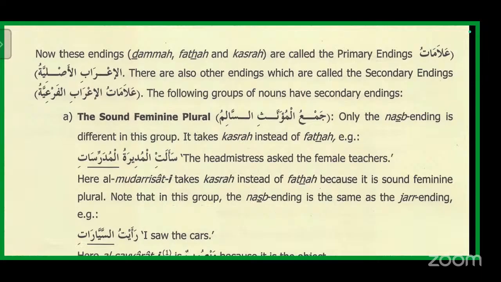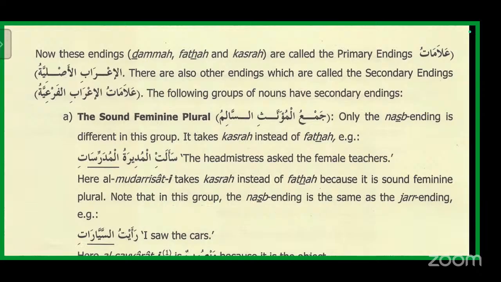Example, sa'alatil mudiratul mudarrisati. The headmistress asked the female teachers. Here, al mudarrisati takes kasra instead of fatha because it is sound feminine plural.